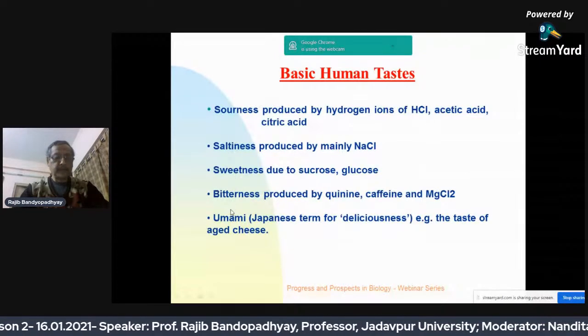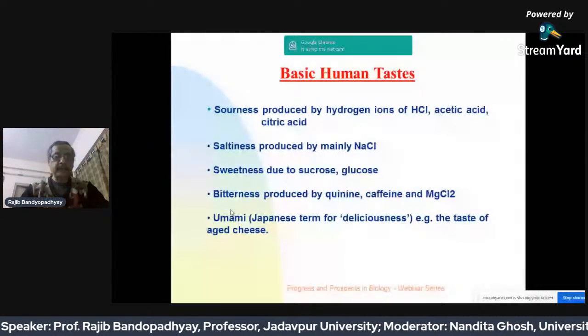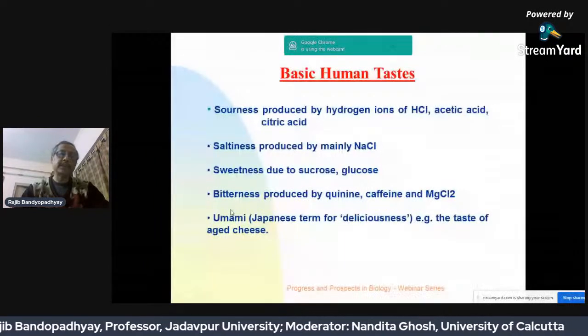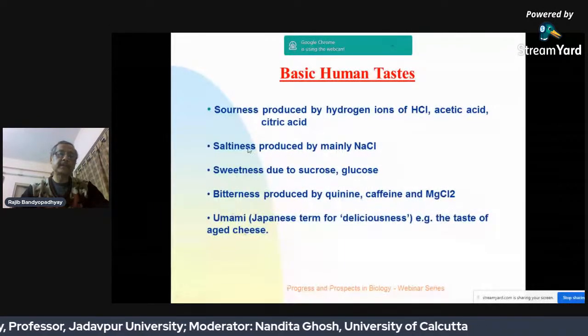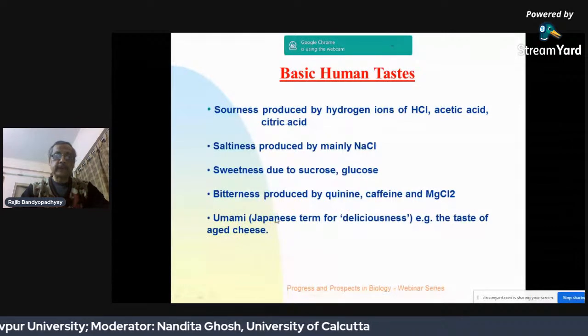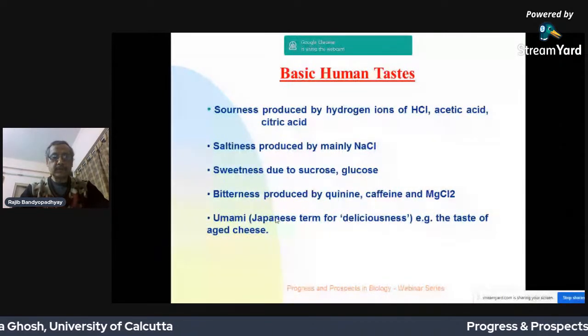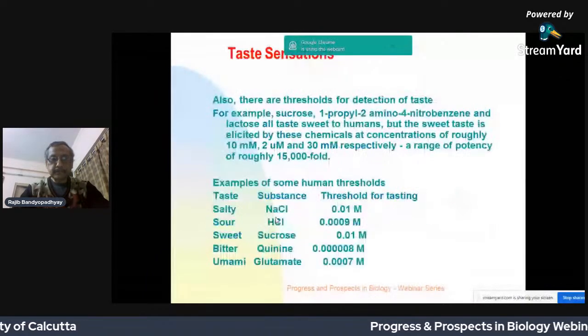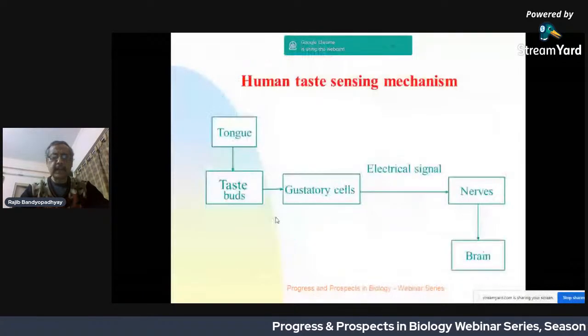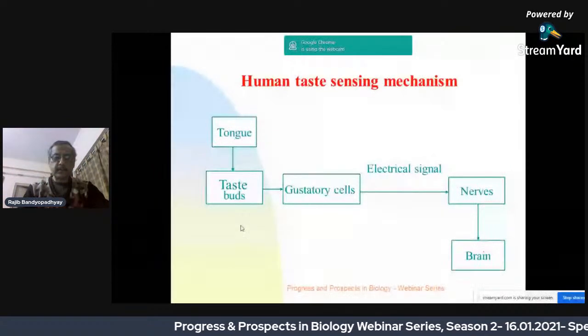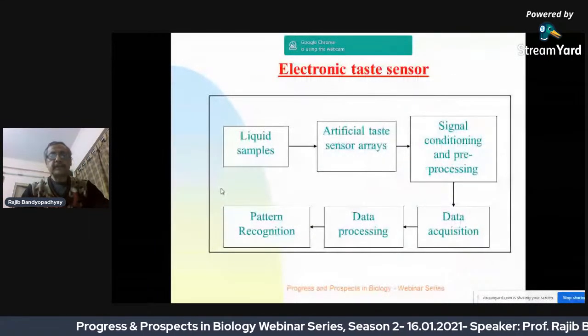So whenever we develop an electrode array, we first check it with the basic human tastes, and then we go ahead with designing the electronic tongue. So let me quickly go through the details. The electronic tongue, the basic idea is also the same.